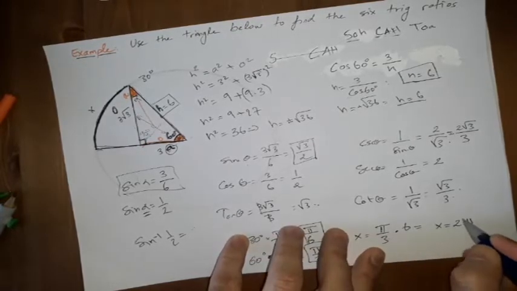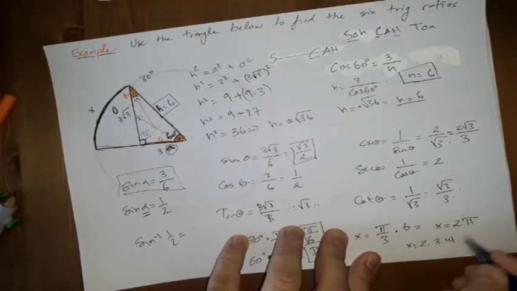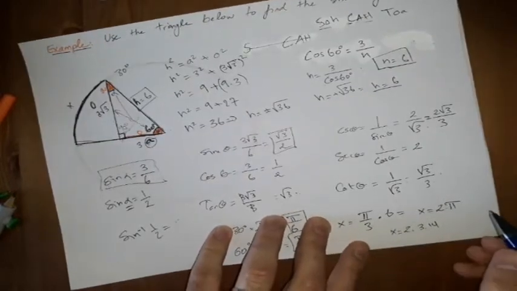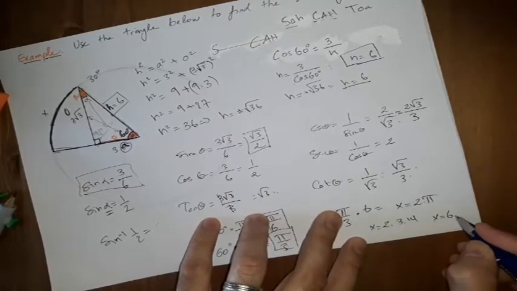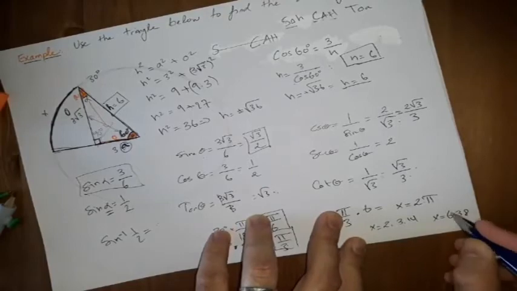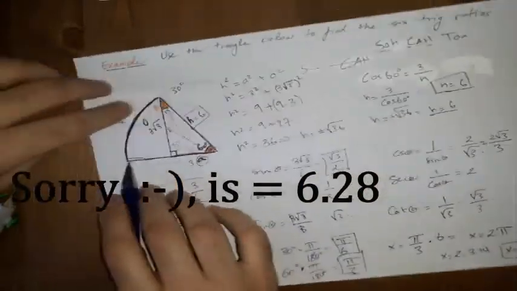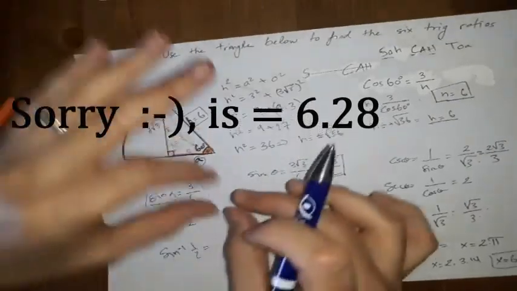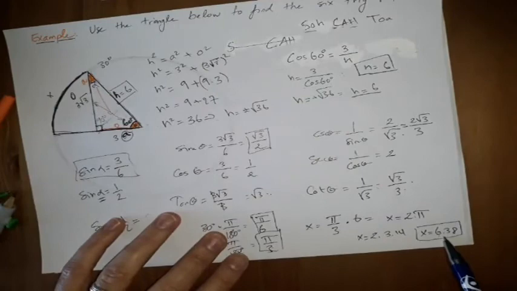It means x equals 2 times 3.14, so x equals 6.38. This is the length of this arc. If you cut it on this side and open it, you check the length of it, it's going to be 6.38.